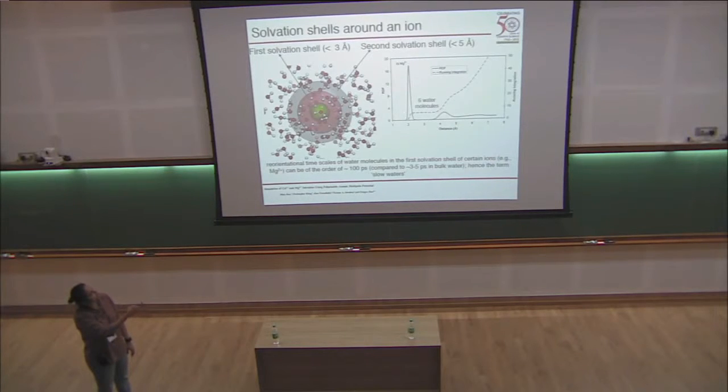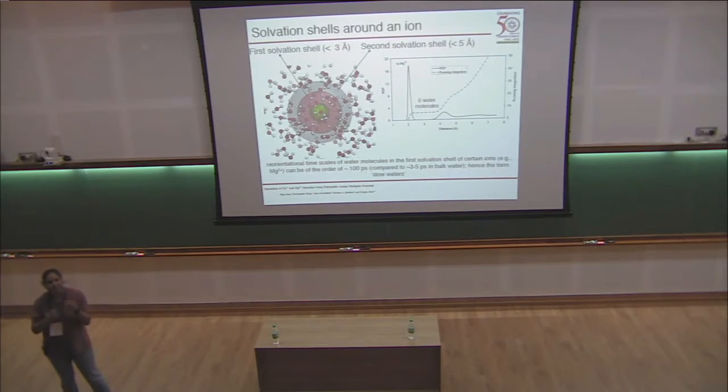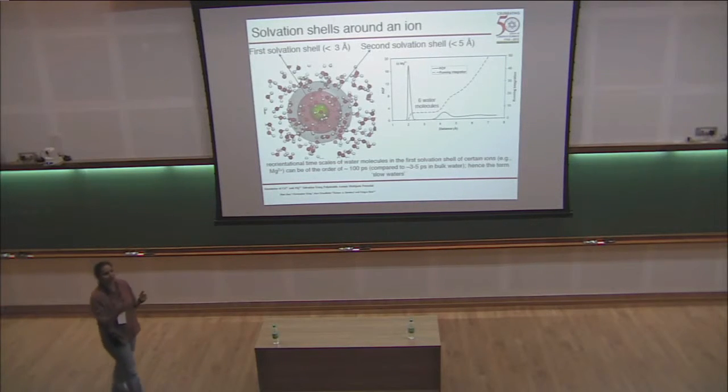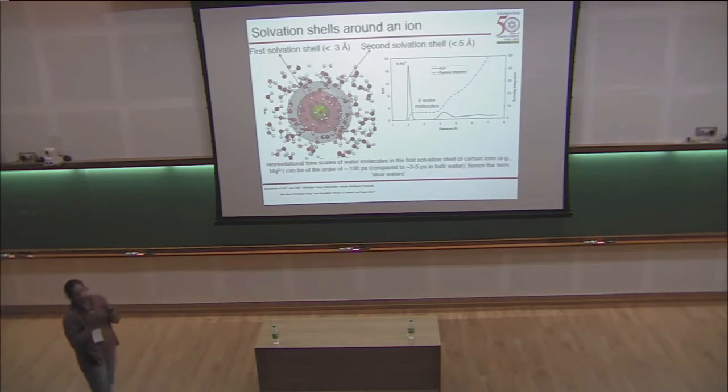Typically the first solvation shell radius is about 2 to 3 angstroms, and the second solvation shell radius is about 4 angstroms. I'm putting up this slide to give you an idea about the length scales we are talking about, 2 to 5 angstroms. When I use the phrase long range in what follows, I mean long range in terms of 5 to 6 angstroms. It's not in terms of meters or whatever. Literally, we're talking about a few angstroms.